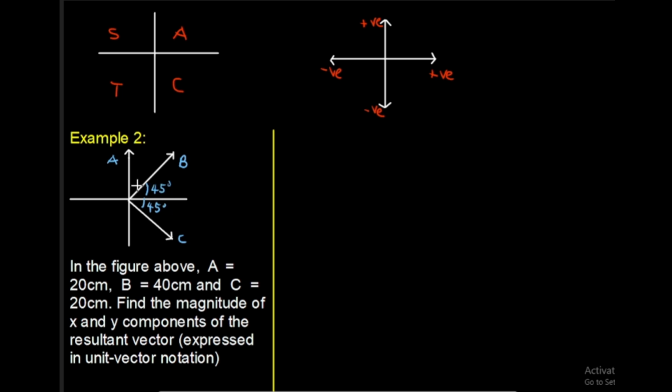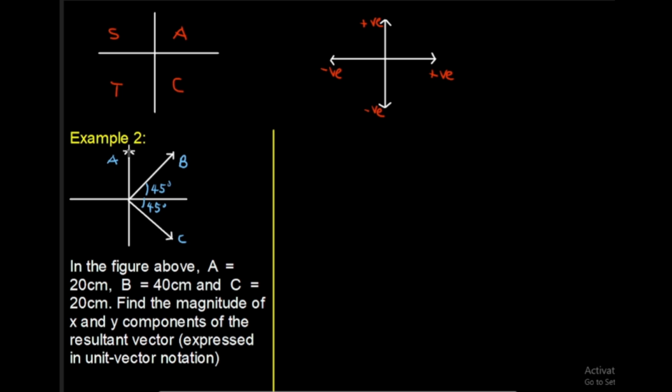How do we go about it? It's very easy. All you need to do is resolve each of them. All right. You start with this one, resolve into the horizontal and vertical components. Though this one just exists on the vertical, so we can ignore the horizontal. But for this method, I would say still resolve into the horizontal and vertical components. You go to the next vector, vector B, resolve into the horizontal and vertical components. You go to vector C, resolve into the horizontal and vertical components.